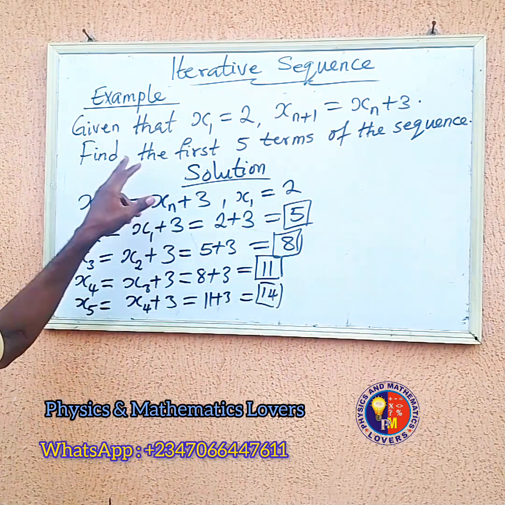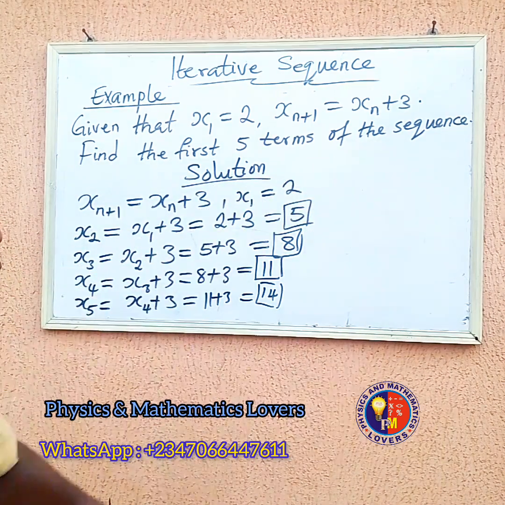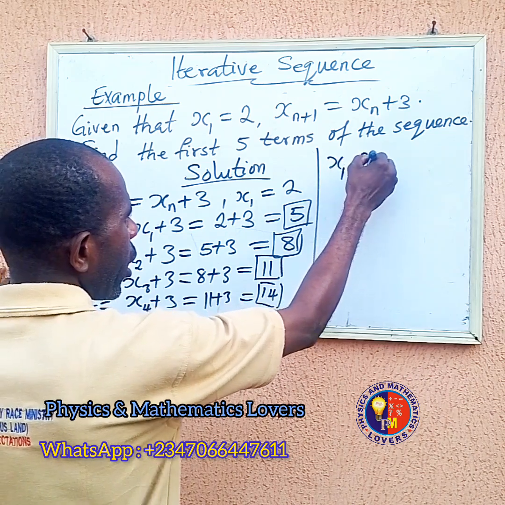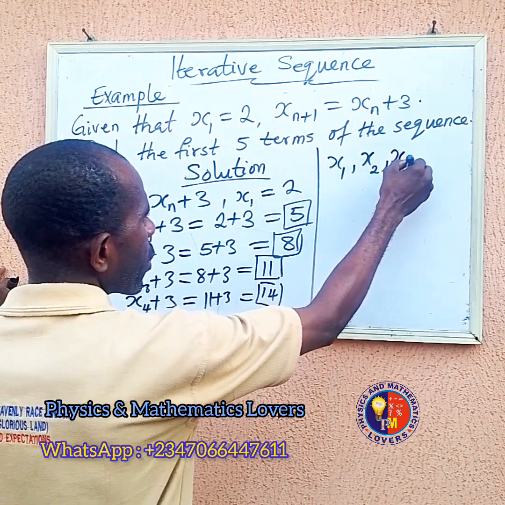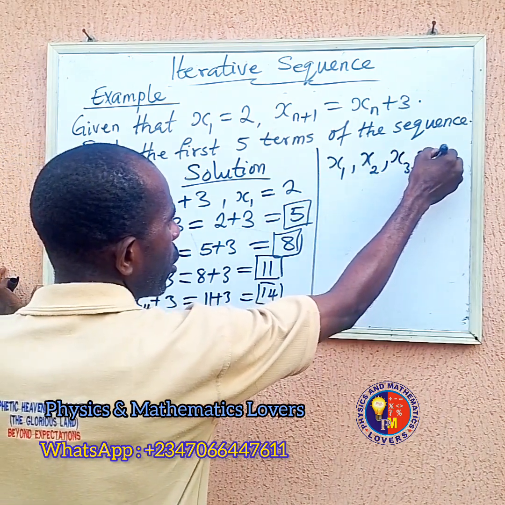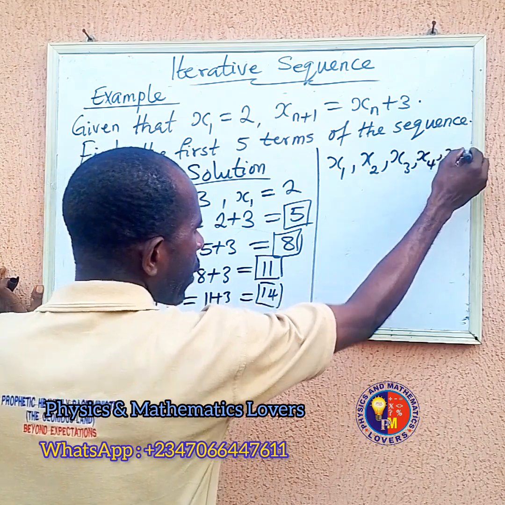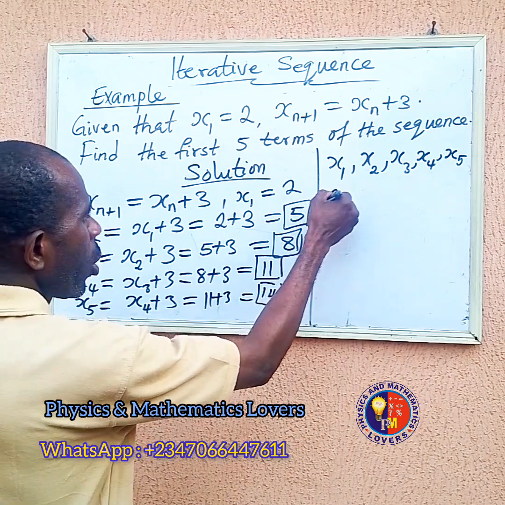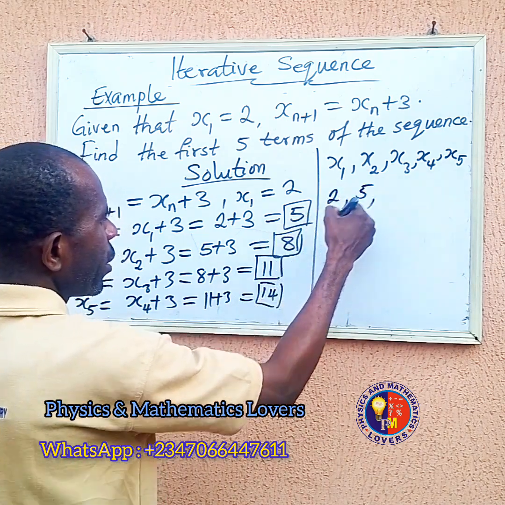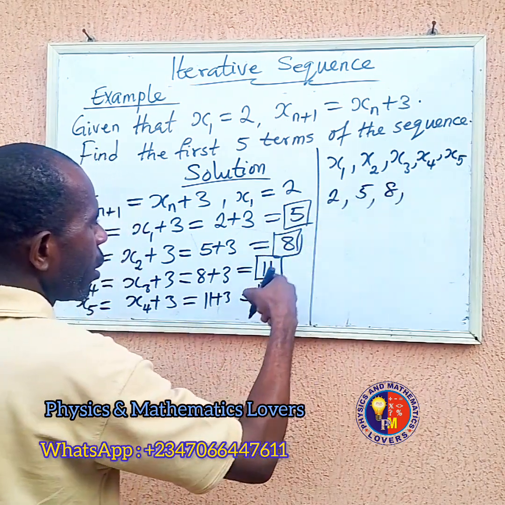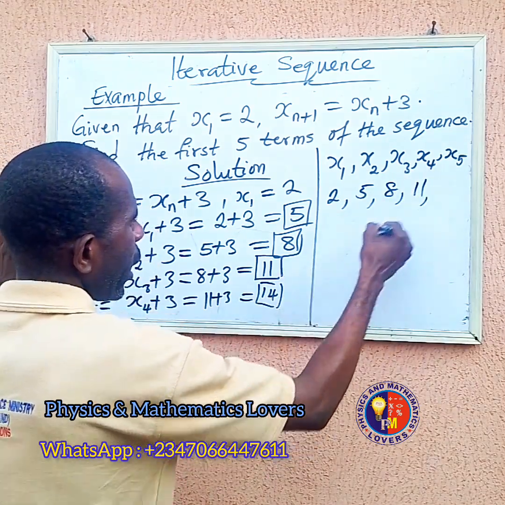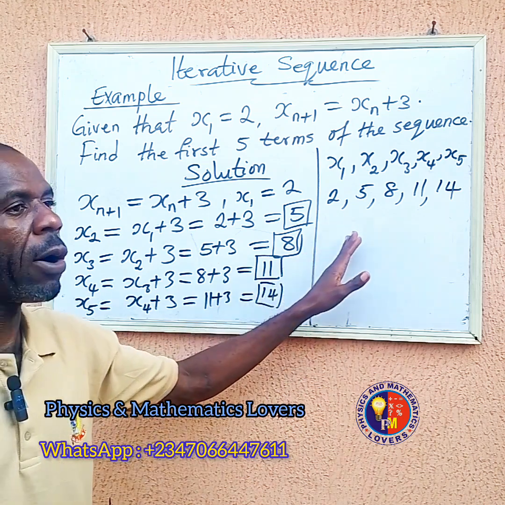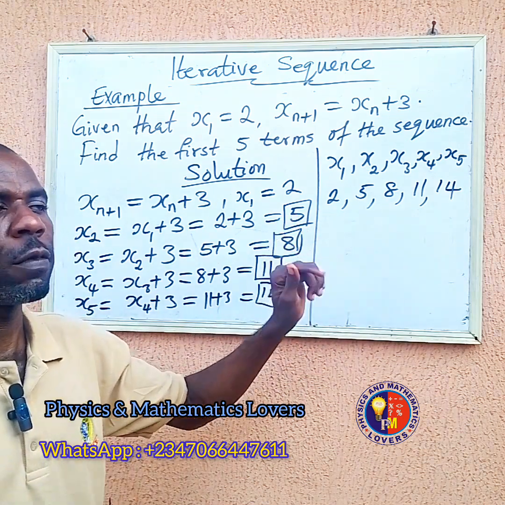According to the question, the first 5 terms of the sequence are x1, x2, x3, x4, x5. Their values: the first is 2, the second is 5, the third is 8, the fourth is 11, and the fifth is 14. So this is how to form an iterative sequence.